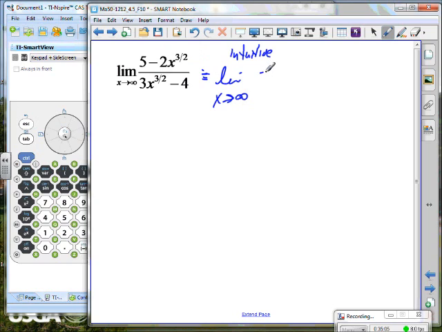The 5, so this is negative 2 x to the 3 halves, divided by 3x to the 3 halves. That's the same thing as the limit as x goes to infinity of negative 2/3. What's your answer? As the input gets larger and larger and larger, the output value goes to negative 2/3.